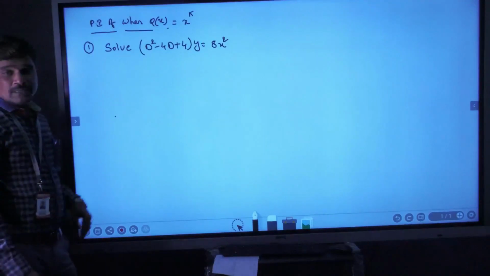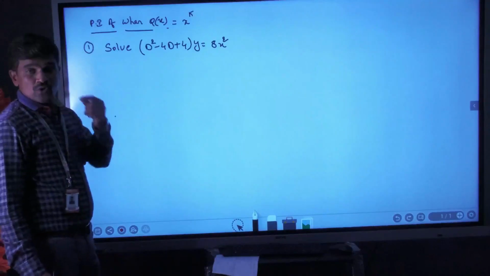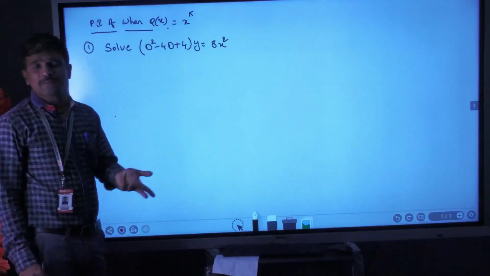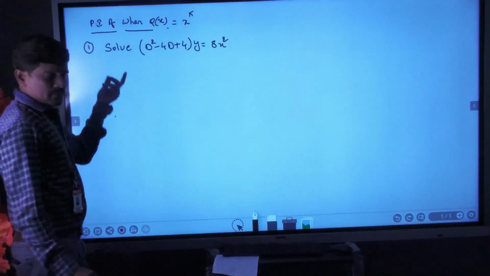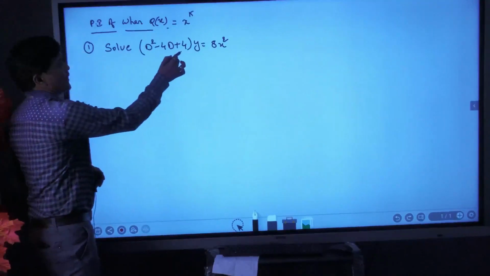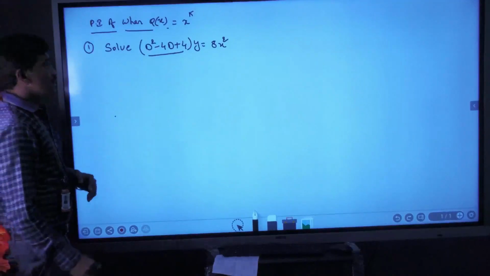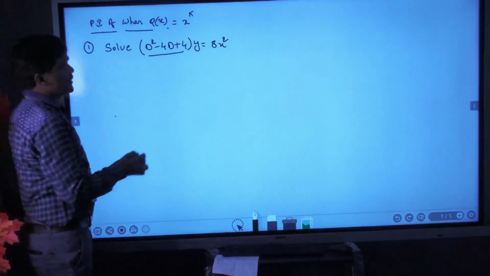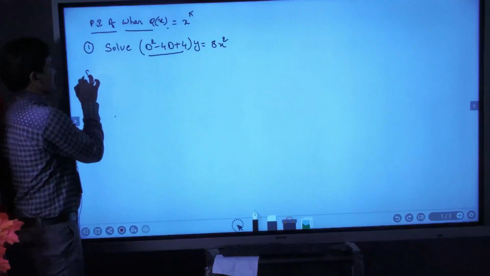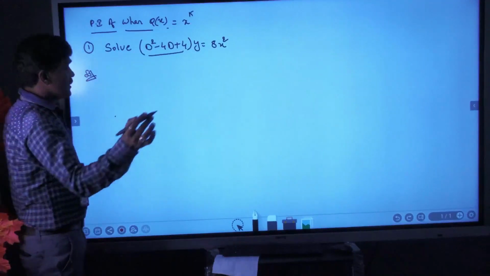So now it is f of D into y is equal to Q of x form. For the solution, y is equal to yc plus yp, same procedure. First of all find the complementary function for this. So here f of D is D square minus 4D plus 4. To find the particular integral, first find the complementary function.